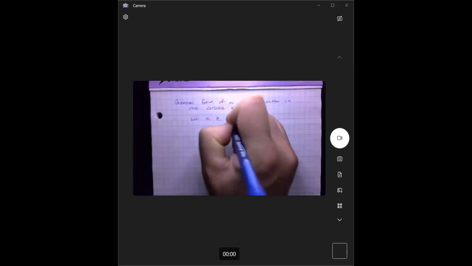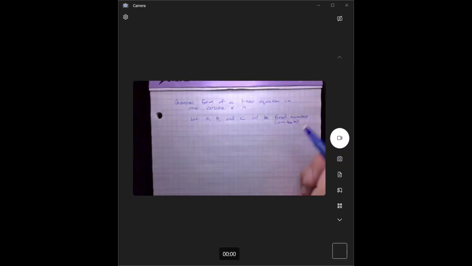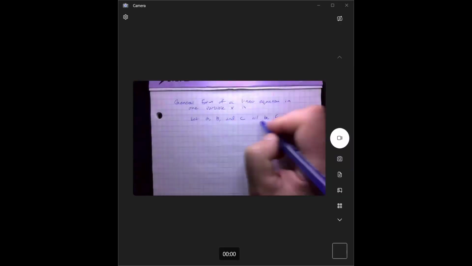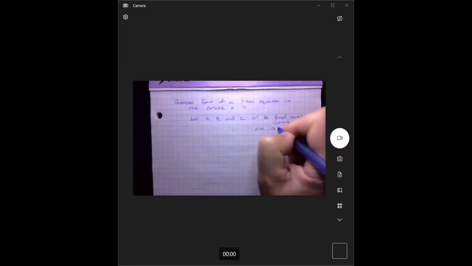Let A, B, and C all be fixed numbers called constants. I might not know what those numbers are, but I know they're never going to change. Also, A can't be 0. If A is 0, then we're dealing with something else. So A, B, and C are all fixed numbers.